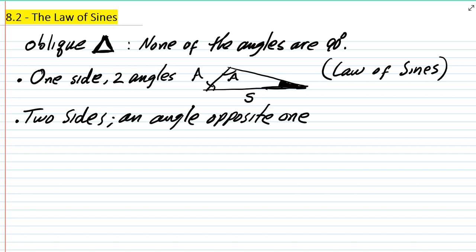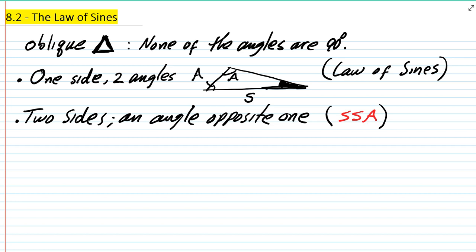In fact, this is called the ambiguous case because a number of things could happen. For this configuration, often we say we have side, side, angle. So you have two sides, and the angle is opposite either the first or second one, as long as it's opposite one of them.